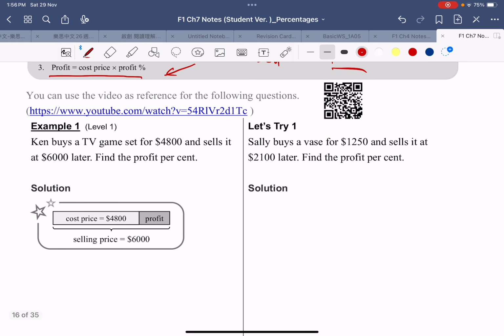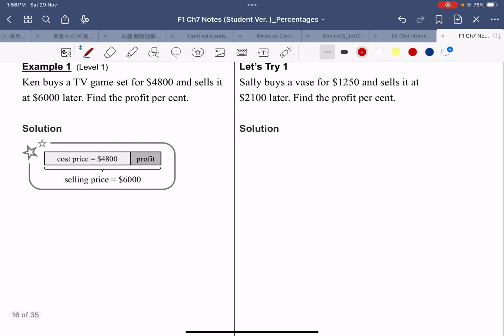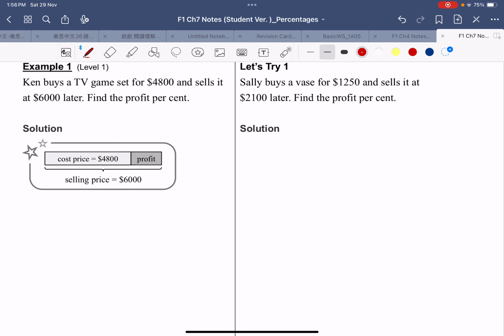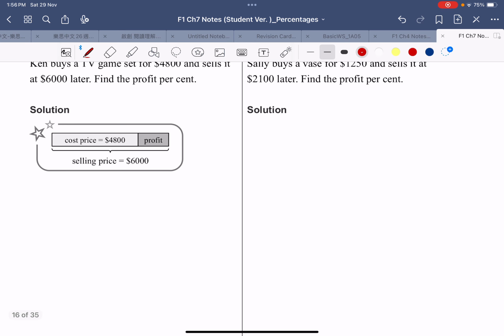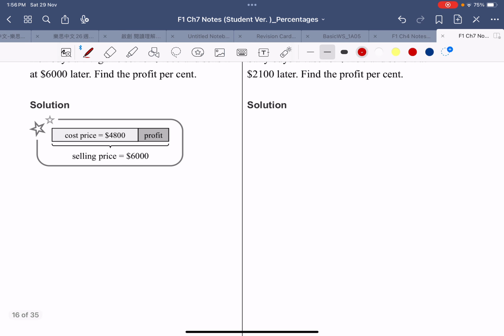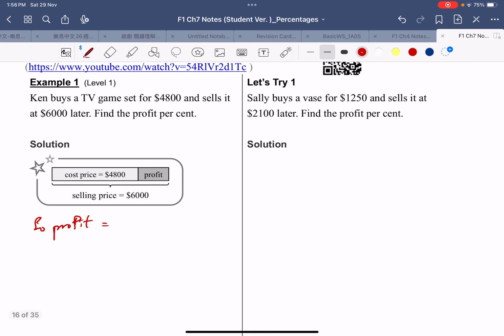Okay, we can start doing example 1 first. Can buy a TV set for this dollar and resell it for 6,000. Find the profit percent. That means the profit percentage. So you can say percentage profit equals, you earn some money.